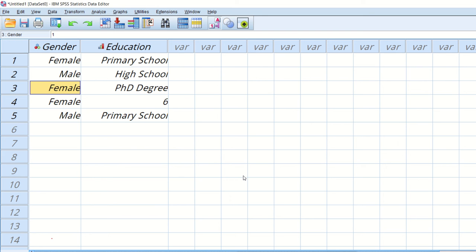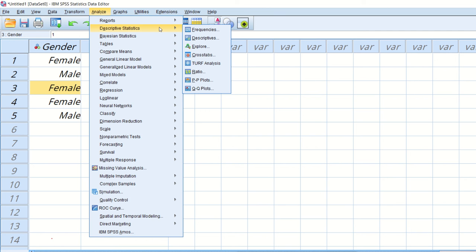So this is SPSS. SPSS is for doing statistics. It helps us to find frequencies, percentages, create tables, to analyze data. First of all, what I have said was to find frequencies, percentages, cross tabs.